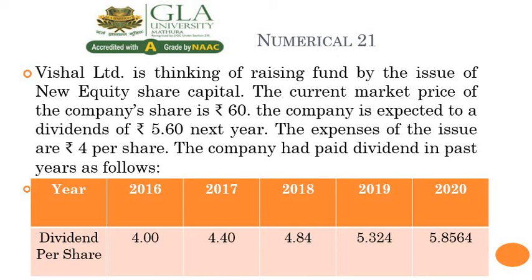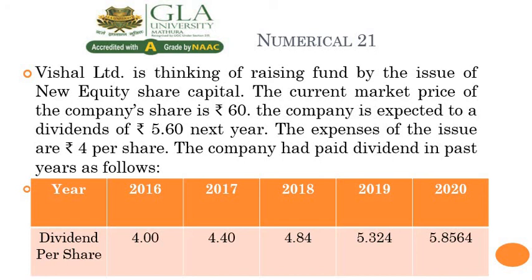The company had paid dividends in past years as follows. Dividend per share in 2016 is 4, 2017 is 4 rupees 40 paise, 2018 4 rupees 84 paise, 2019 5 rupees 32.4 paise, and 2020 5 rupees 85.64 paise. Now we calculate one by one.